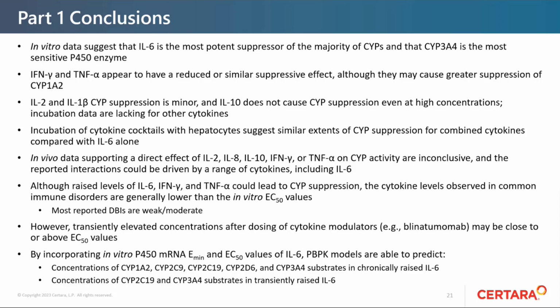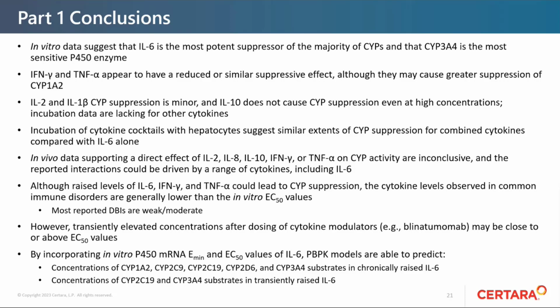Incubation of cytokine cocktails with hepatocytes suggests similar extents of CYP suppression for combined cytokines compared to IL-6 alone. In vivo data supporting a direct effect on CYPs are inconclusive for most of the cytokines, except for IL-6, and those reported interactions could be simply driven by IL-6.